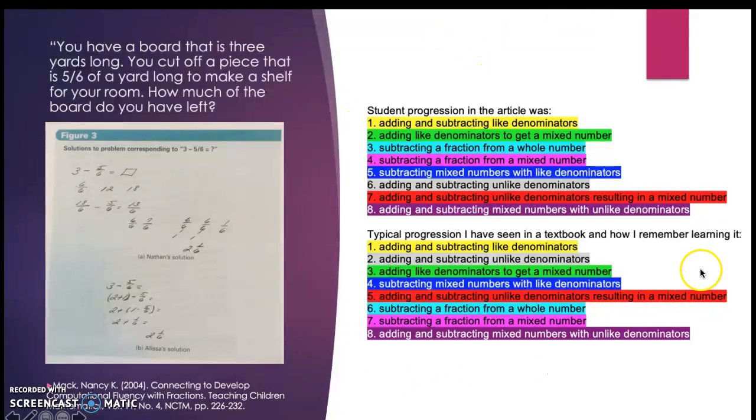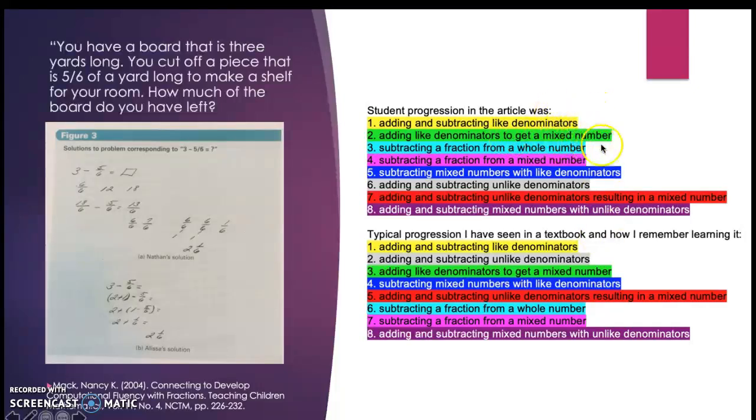So I'm going to jump to this since we were just talking about it. The student progression in the article looked like this. The typical progression that I've seen in a textbook, and how I remember learning it, looks like this. We both started with adding and subtracting like denominators. But then look at the jump here.